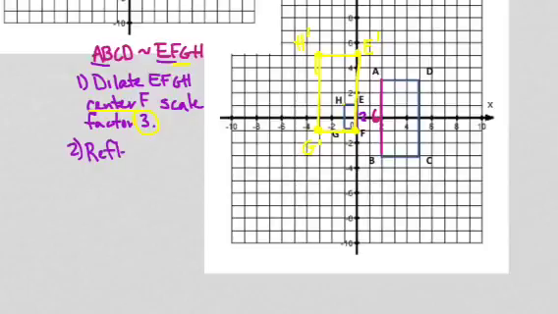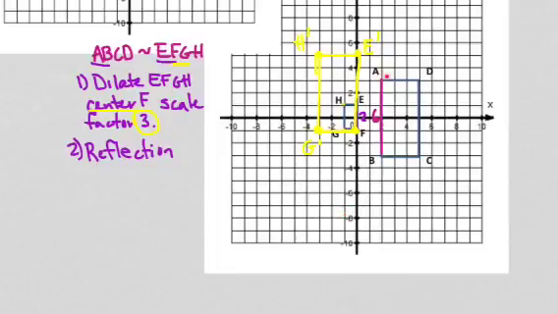I could really reflect it over any line I choose, but I should decide, should I reflect it to the left or should I reflect it down? So the way to determine that is to look at the points. So A should match up with E. So if I look at A and E, if I flip it down over a line, then E would come to the bottom of the rectangle.